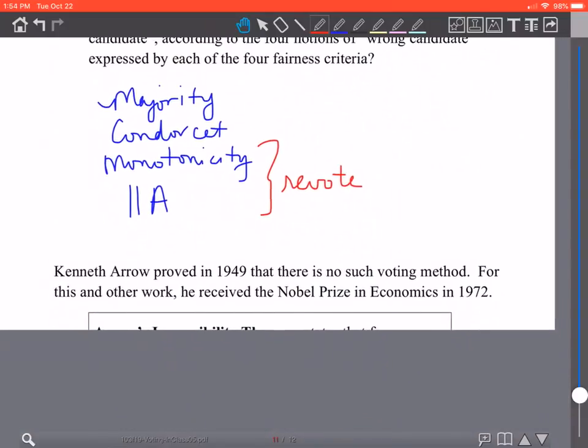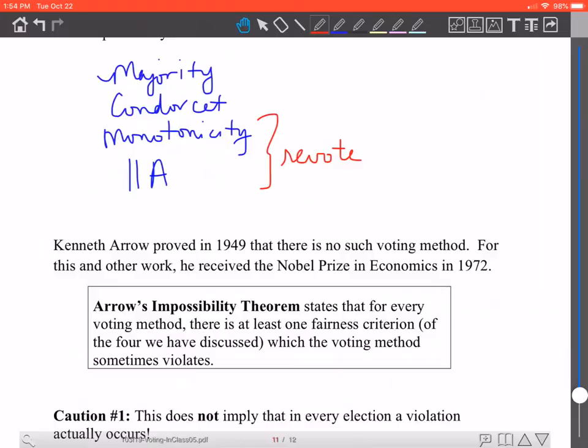So it turns out that there isn't. And so that is what the last statement in this chapter gives us the understanding of, that for every voting method, and in this class we've discussed 4 of them, so for every one of the 4 voting methods we've talked about, plurality, instant runoff, Borda count, method of pairwise comparisons, there is at least one fairness criterion of the 4 we've talked about, the 4 that we just wrote above, which the voting method sometimes violates.